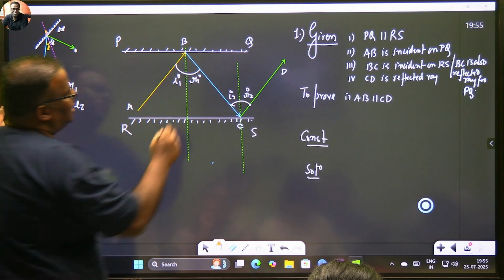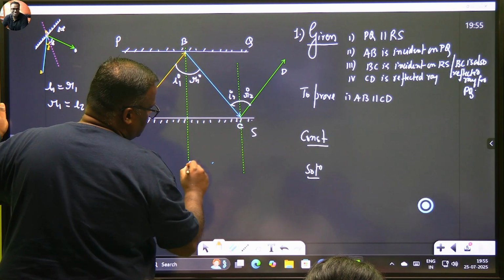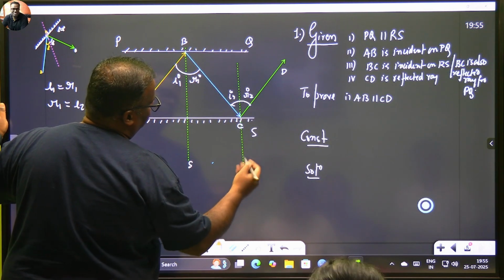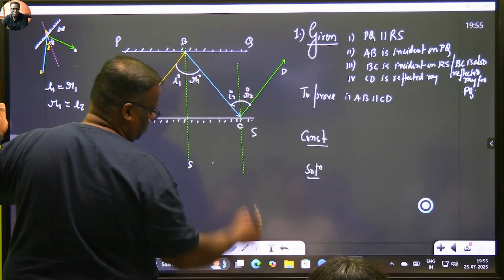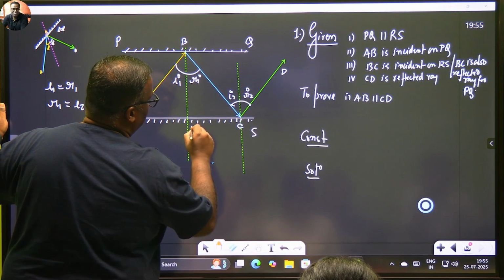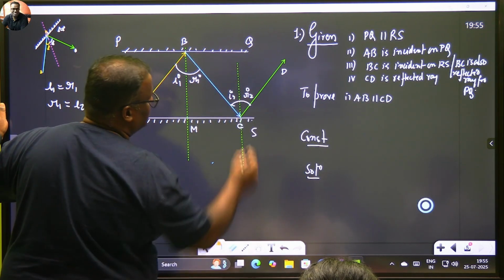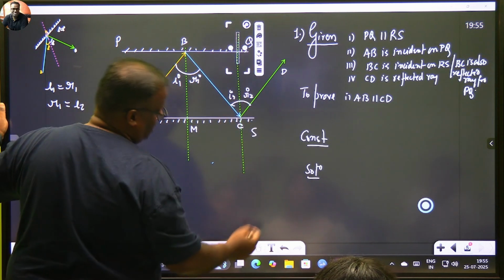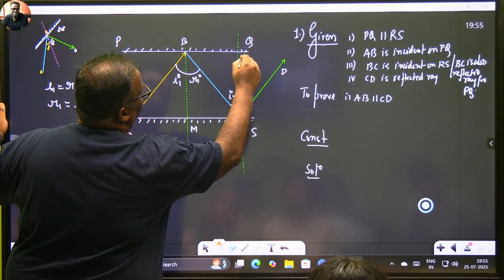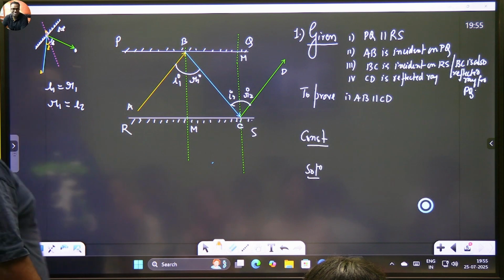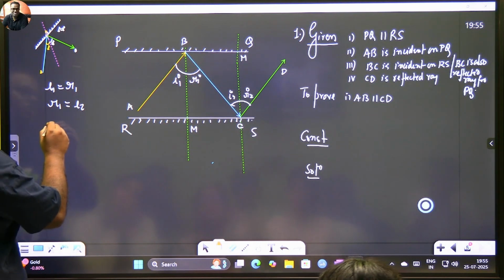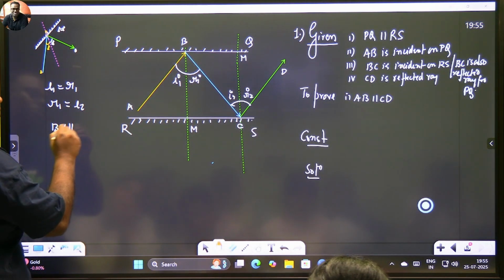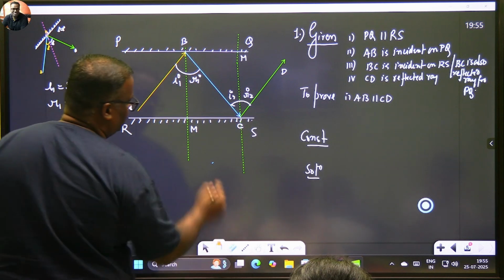Who makes you say that? So we have say BS, rather we'll say BM, and we'll say this has been extended, and we say that this is CM. All right. So these two are parallel to each other, both being normal. Yes or no? BM is parallel to BN.